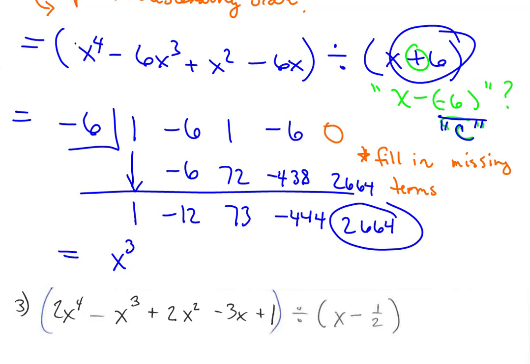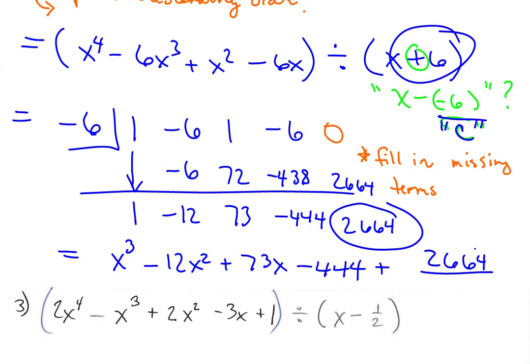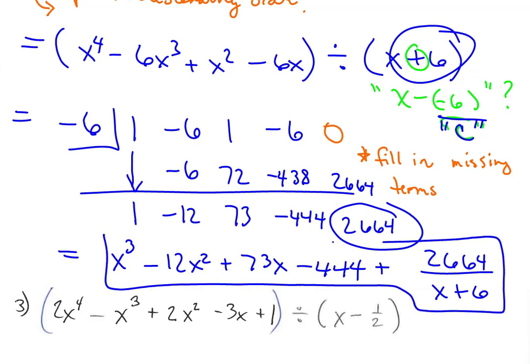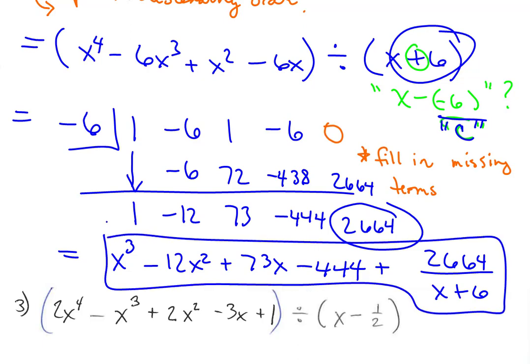So 1x cubed, then we have a minus 12x squared plus 73x minus 444. And then here's our remainder, so it's positive, so plus 2664 over the original divisor of x plus 6. And that is our final result using synthetic division.